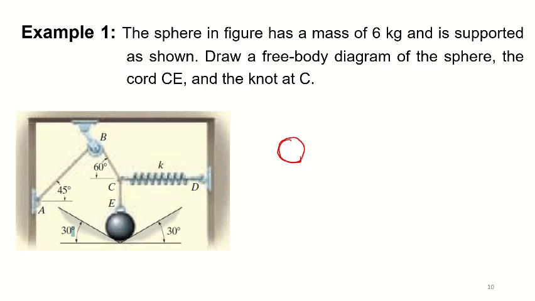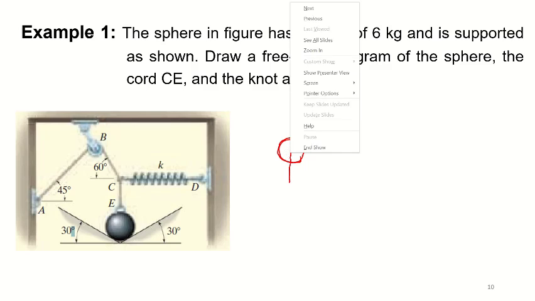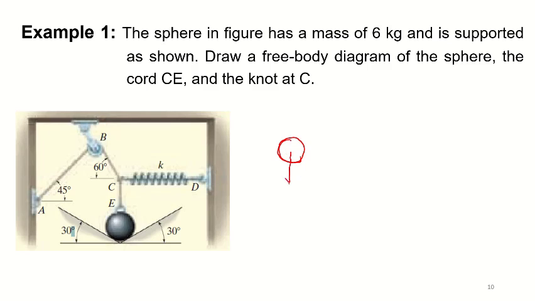Then the second step is to draw all the known and unknown forces. We know that the mass of this sphere is 6 kilograms, so there is a force in this direction, which equals 6g, or 6 times 9.81.